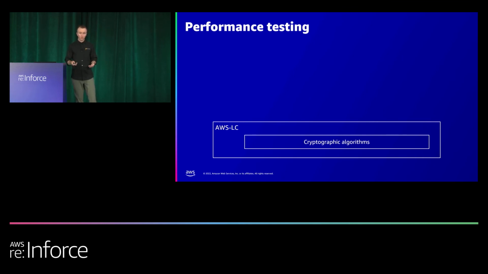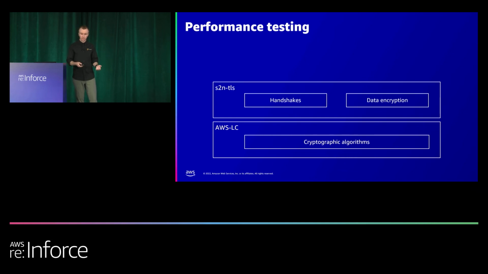For that, we benchmarked S2N TLS. At the S2N TLS layer, we're looking at handshakes. This is what customers actually do when they're connecting to AWS for the first time. They're establishing those shared keys, and that is one of the key performance impacts for first-time connections. But that's not necessarily most important for all connections.